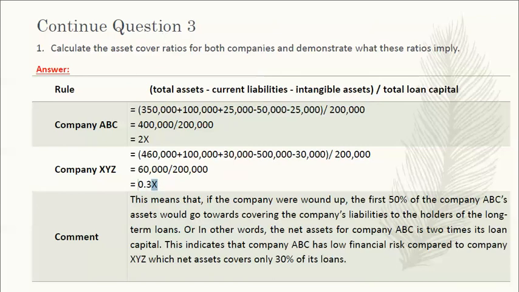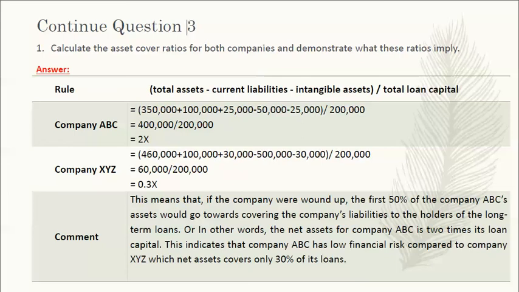So after calculating the asset cover ratio for each company, ABC and XYZ, we find that the asset cover ratio for company ABC equals 2x, while company XYZ equals 0.3x. This means that, as requested, we calculate the asset cover ratio and then demonstrate what these ratios imply.